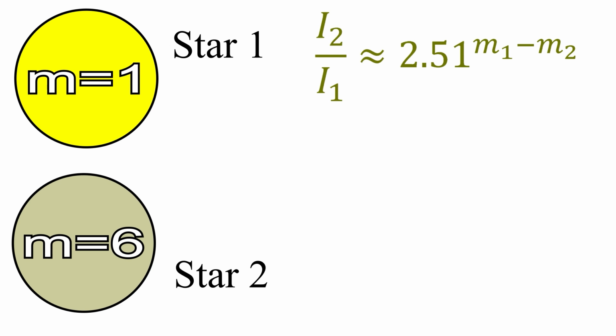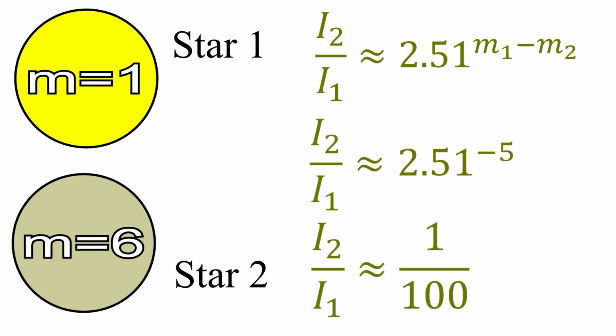Well, M1 is 1, M2 is 6, therefore I2 over I1 is going to be 2.51 to the power of minus 5. And if you work that out, it tells you the intensity of star 2 at the bottom divided by the intensity of star 1 at the top equals 1/100th approximately. And therefore star 1 is unsurprisingly 100 times more intense than star 2.